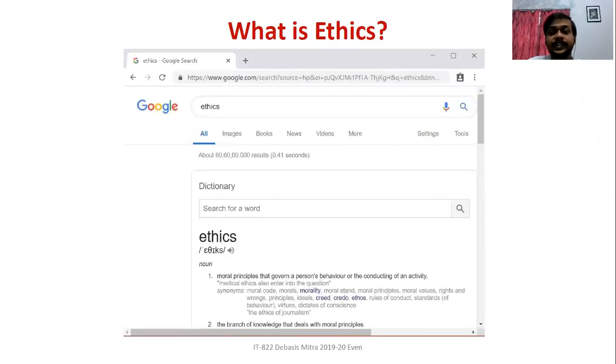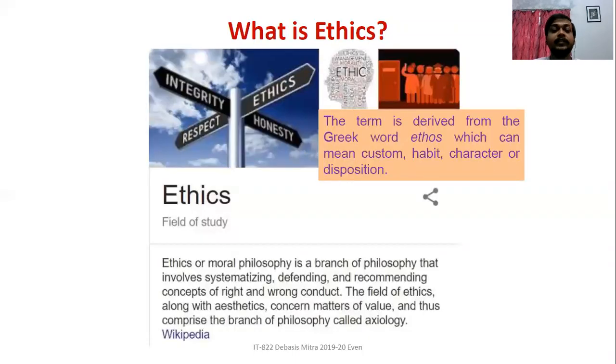Now, the easiest way to find the definition of ethics is to type "ethics" on Google, and you are supposed to get multiple definitions with many complex terms, but you'll find that it is talking about some moral principles. If you want to look for more, you can refer to the Wikipedia document on ethics.